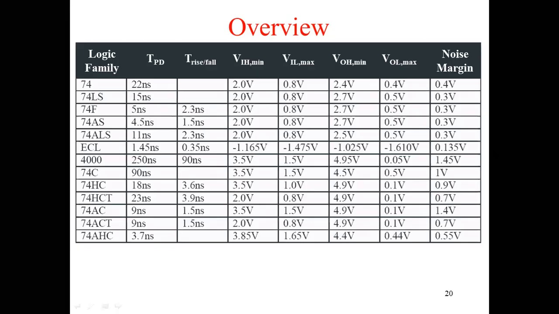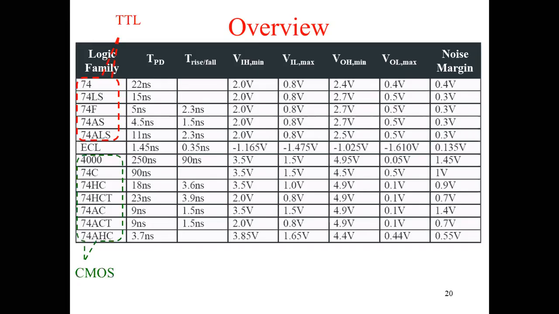When we talk about noise margin, it is better in CMOS. So CMOS provides more noise immunity, and the fastest logic family is ECL.